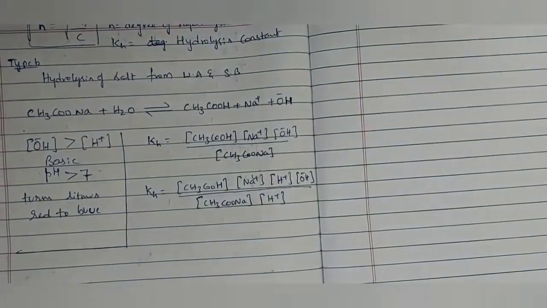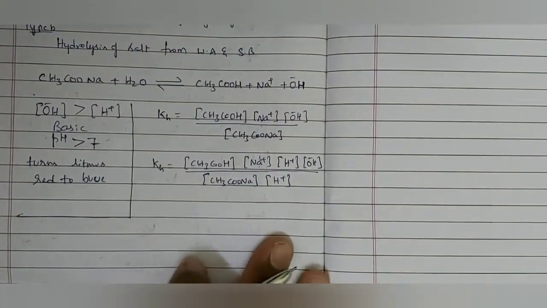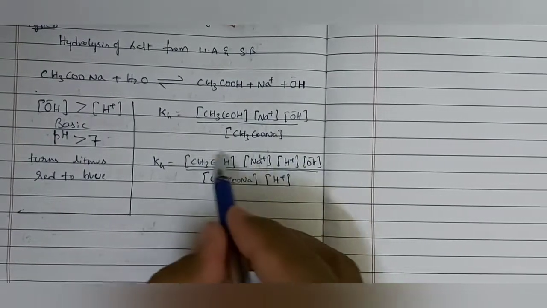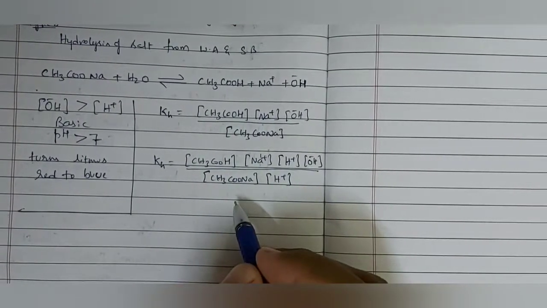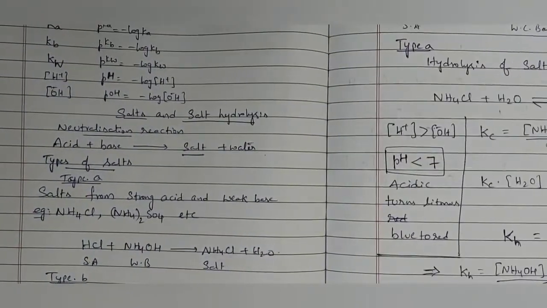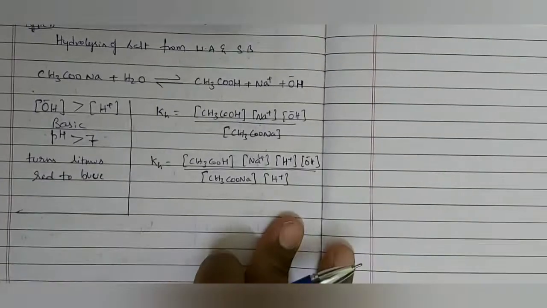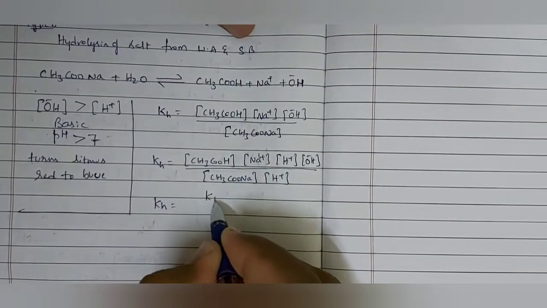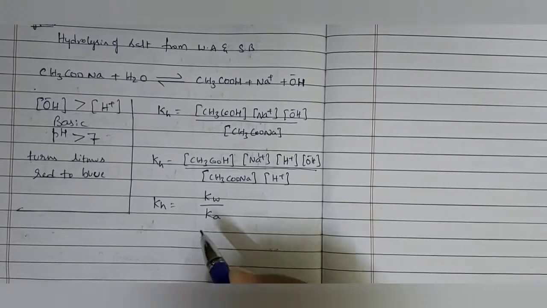So both will be cancelled. There is no change in value. This is Kw, and these two ions if you bring down, you will be getting Ka. So Kh is equal to Kw by Ka.